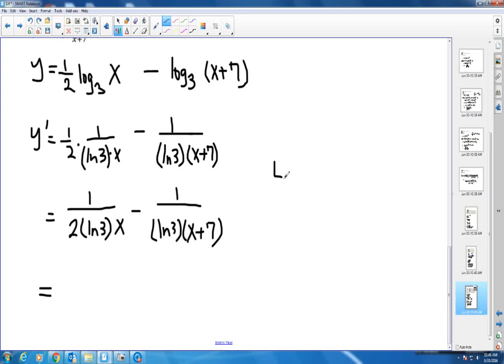My LCD: count the repeated factors in the denominator and the non-repeated. So 2 natural log of 3 is in both denominators. 2 was not in both, but you still have to count the non-repeated ones, times x times x plus 7. So this is my LCD.